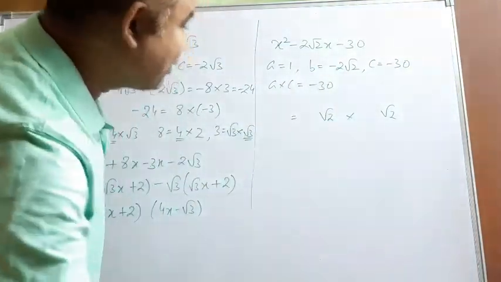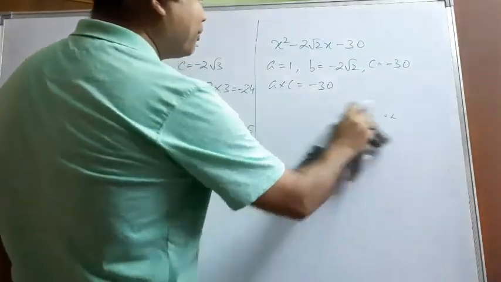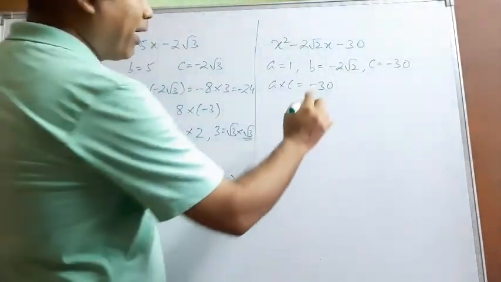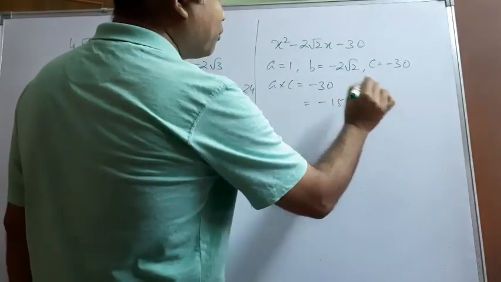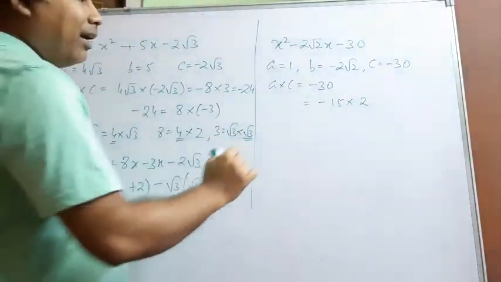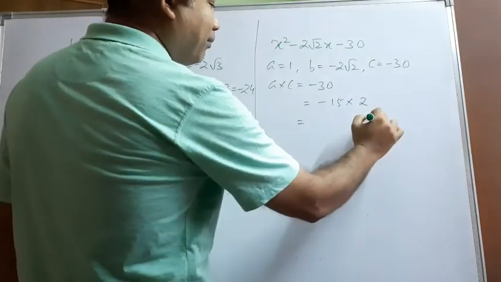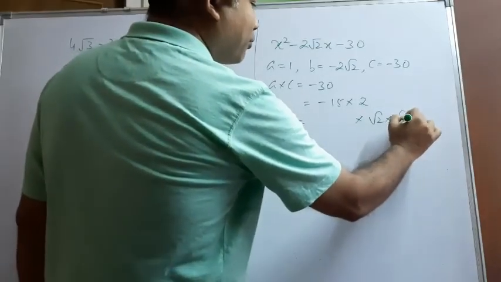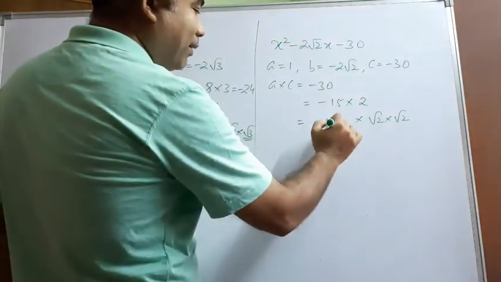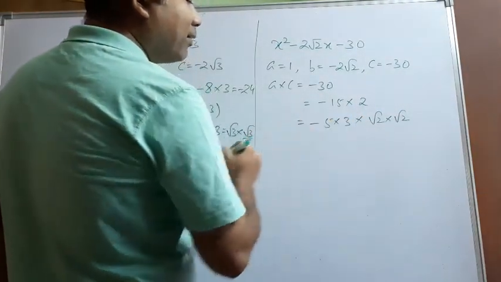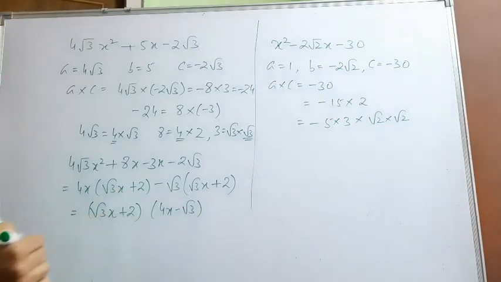Okay, so what should be here? For that, first to get root over 2, try to get 2. So minus 30 can be written as minus 15 into 2. Now this 2 can be written as root over 2 into root over 2 because we need root over 2. And 15 can be written as 5 and 3. As it is a negative number, so it is like that.